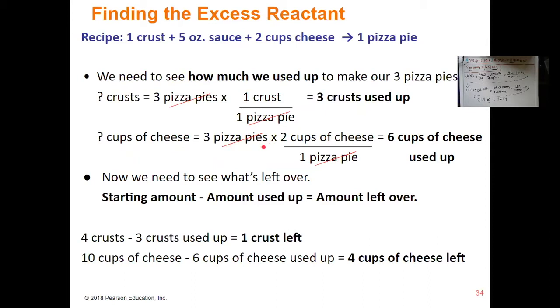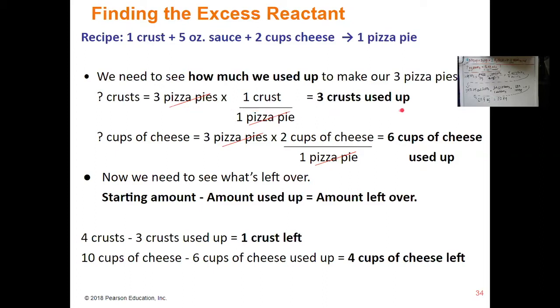My ratio of pizza to cheese is 1-to-2, so I use 6 cups of cheese. Notice that the value we start with when calculating our excess reactant is always going to be our theoretical yield. It has to be our theoretical yield value.